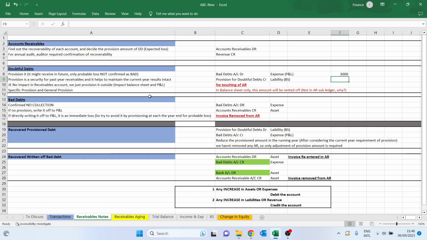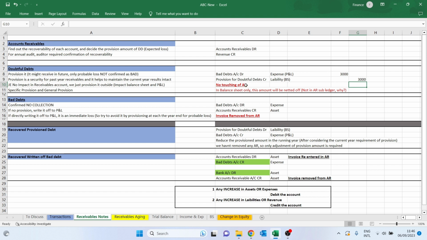And which account will be credited? Because we are just making it as a provision for doubtful debts, or we can say allowance for doubtful debts, which we show as a liability in the balance sheet, this provision for doubtful debts account will be credited.